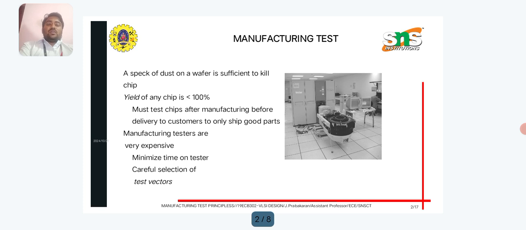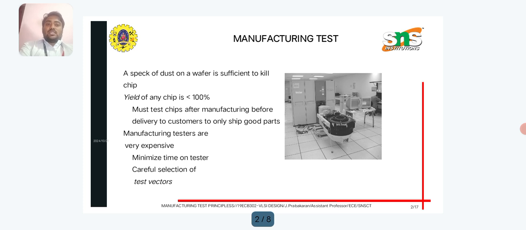A speck of dust on a wafer is sufficient to kill a chip. Yield of any chip is less than 100%. Must test chips after manufacturing before delivery to customer to only ship good parts.